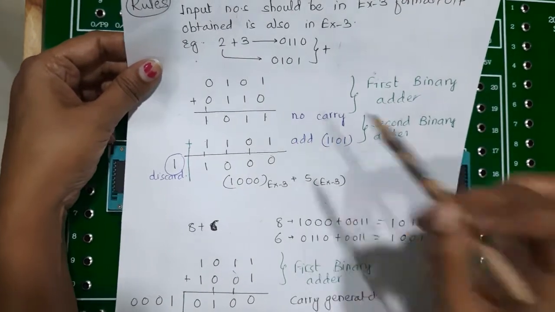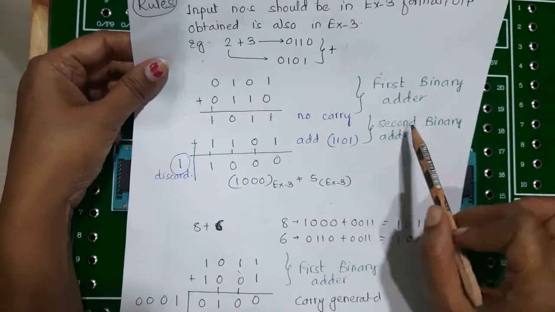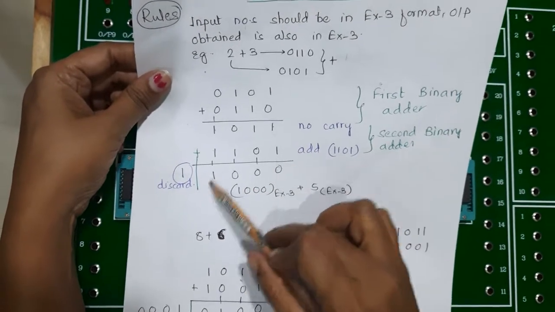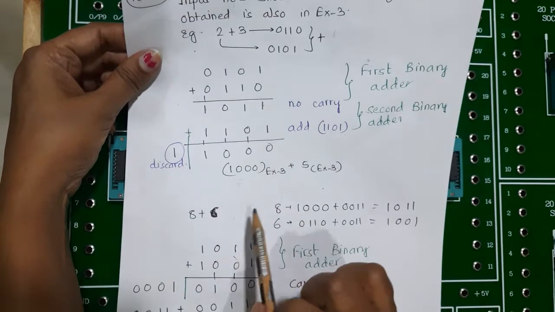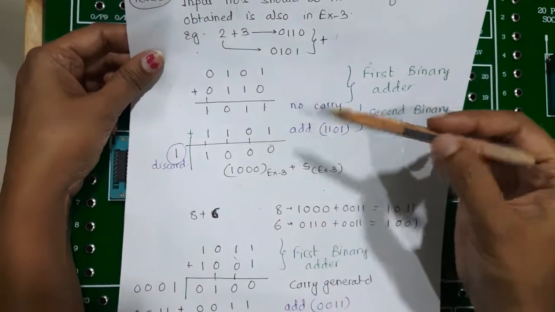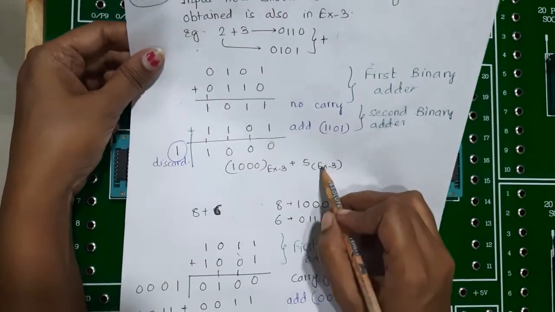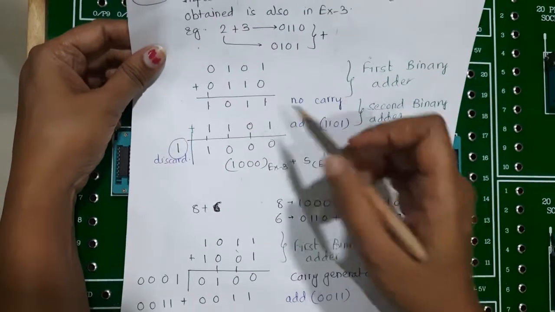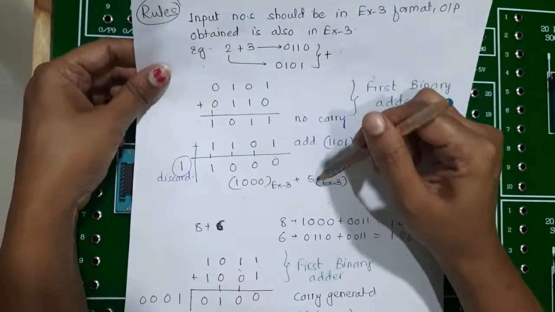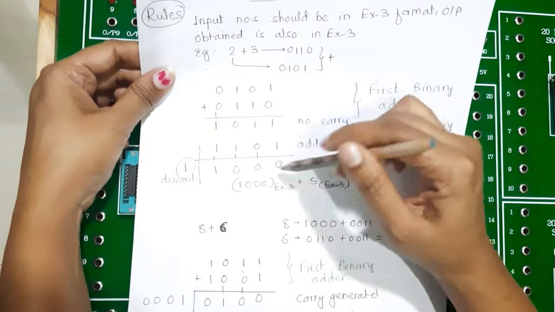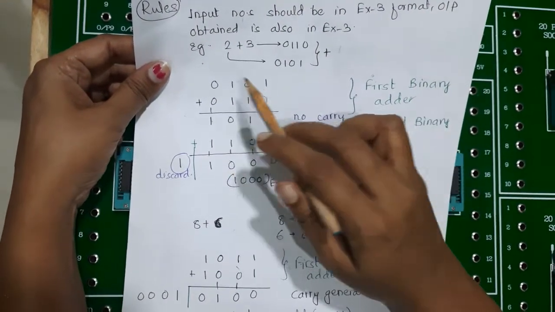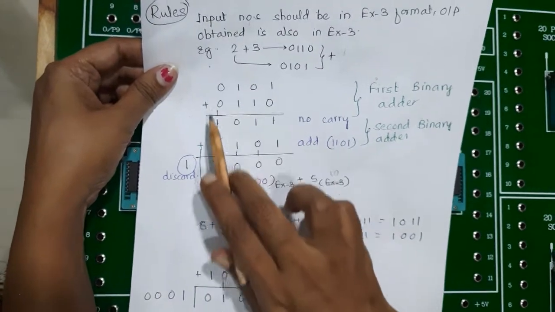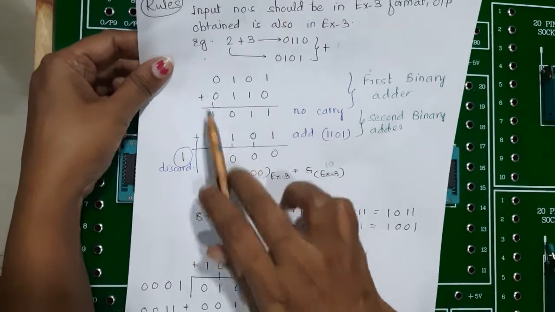This addition is handled with the second binary adder. After that, whatever the result is, that is 1000, that is 8. That is the XS3 representation of decimal 5. So 2 plus 3 is 5, and 5 can be represented in XS3 as 1000.